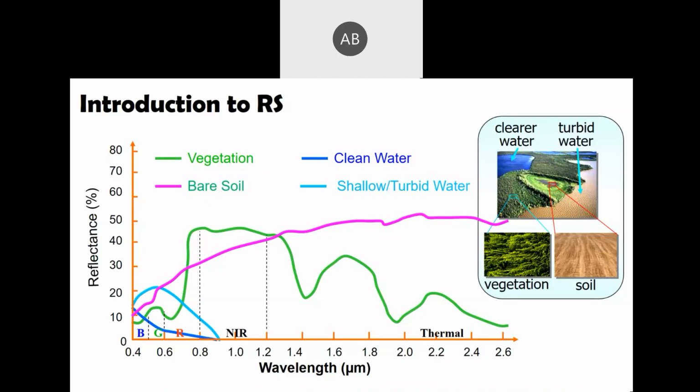And then if you keep on increasing the wavelength, or if you're trying to sense the amount of energy in a bigger wavelength range, it shows a drop. That is why we see clear water in blue color. That means in the blue range, the maximum amount of energy is normally reflected.